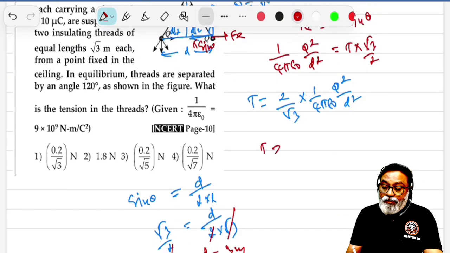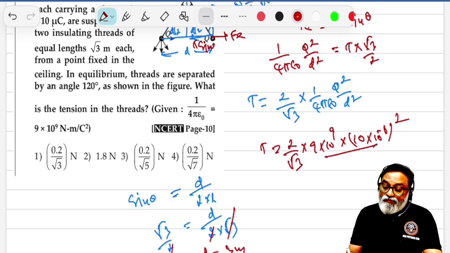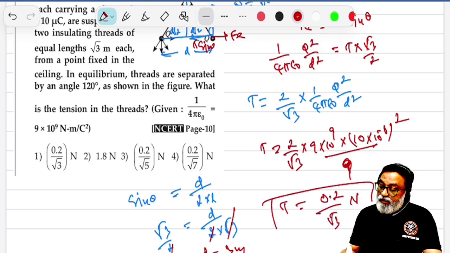Now, T is equal to 2 by √3 into 1 by 4 pi epsilon, 9 into 10 to the power of 9, charge is 10 microcoulomb, 10 into 10 to the power of minus 6 whole square, d is 3 square, 9. Therefore, the final answer is 0.2 by √3 newtons. This is the tension.